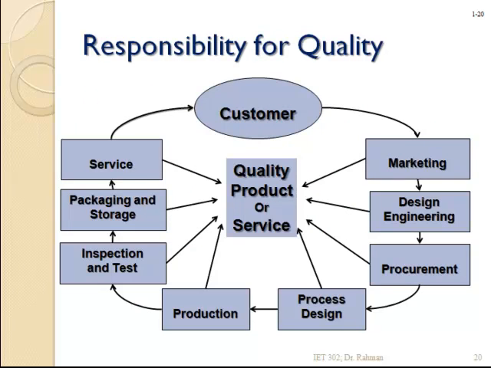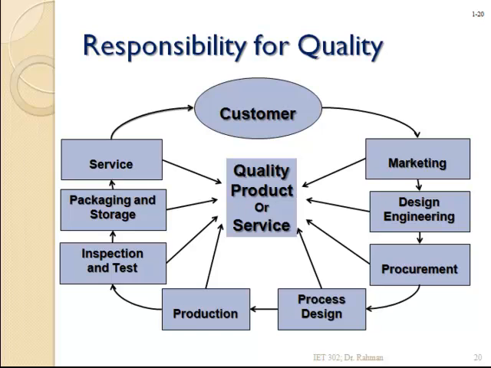Now, quality control activities has many different ways. If we look here, it starts from marketing and then goes down to designing according to the requirements or demand of the customer. We design our products, then we procure the right products, and we design our own process, and then we maintain a quality production system.